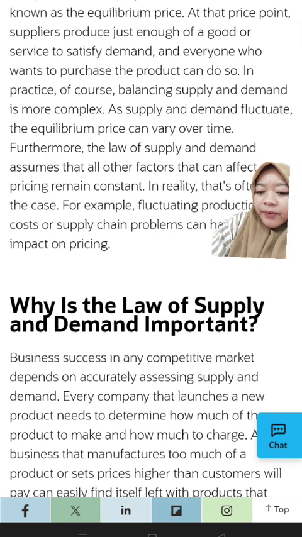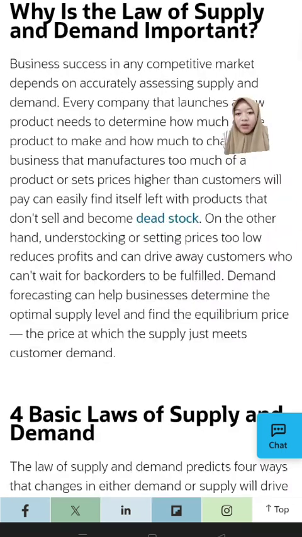so much of a product or sets prices higher than consumers will pay can easily find itself with unsold product. On the other hand, understocking or setting prices too low reduces profit and can drive away customers who cannot wait for big orders to be fulfilled.